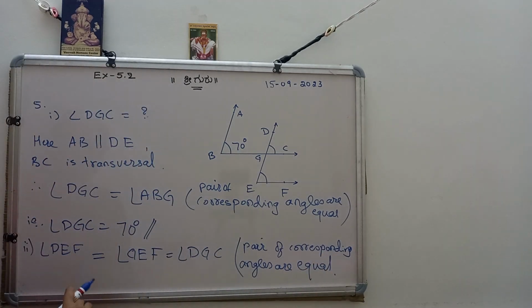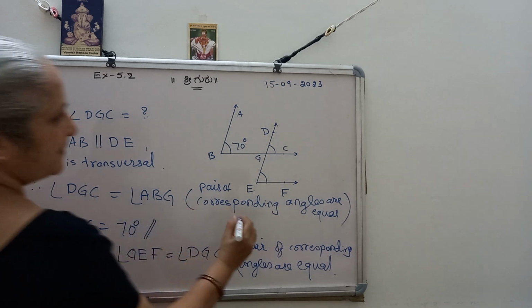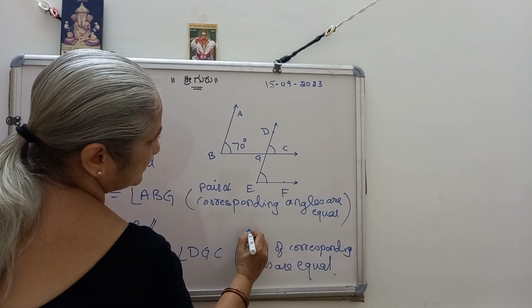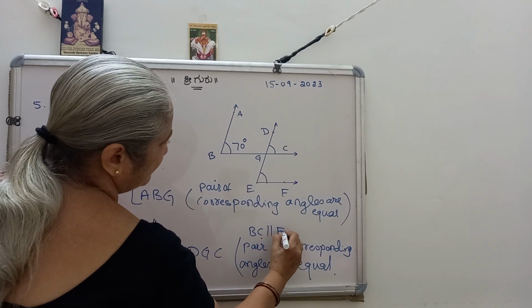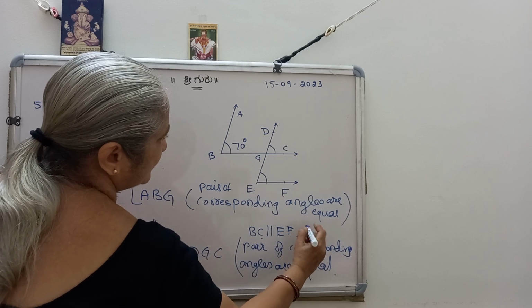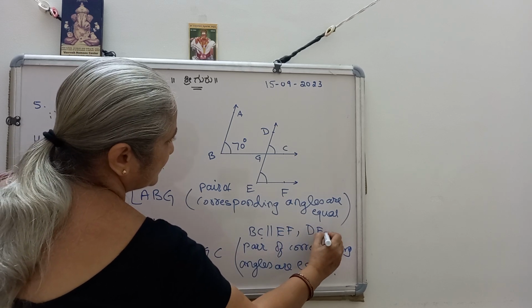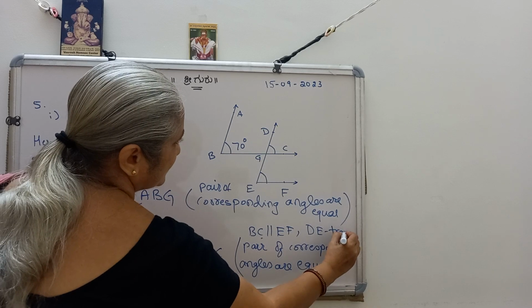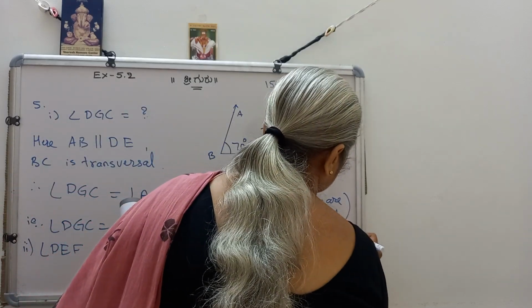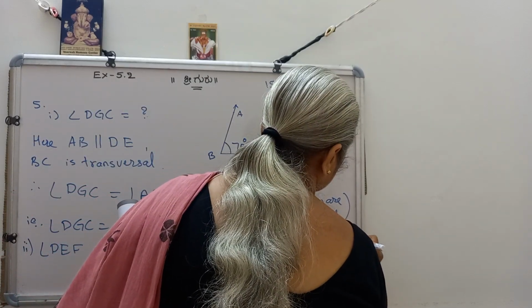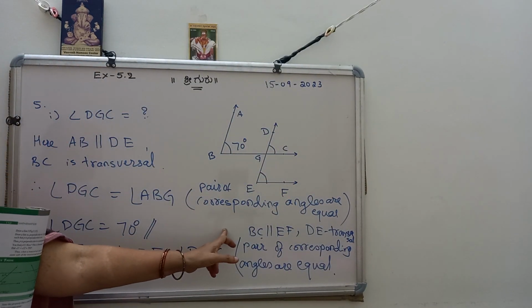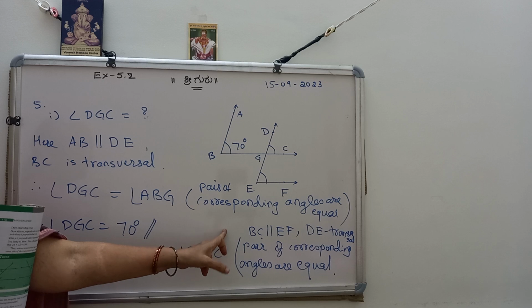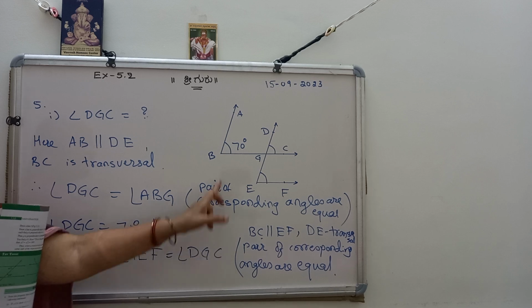Here we should write BC parallel EF and DE transversal. These 2 points you have to write, BC parallel EF and DE transversal.